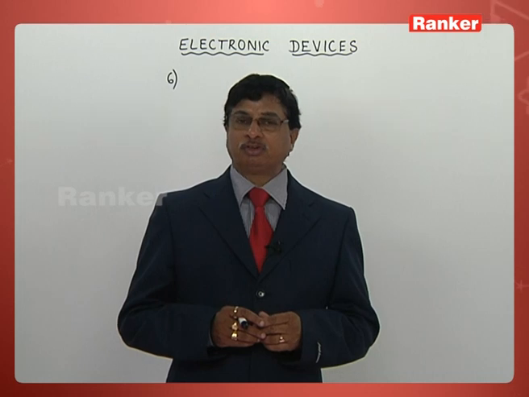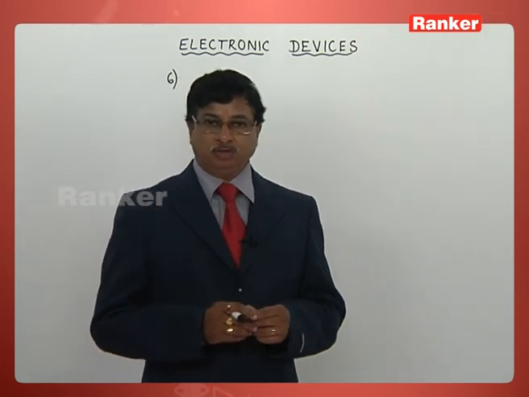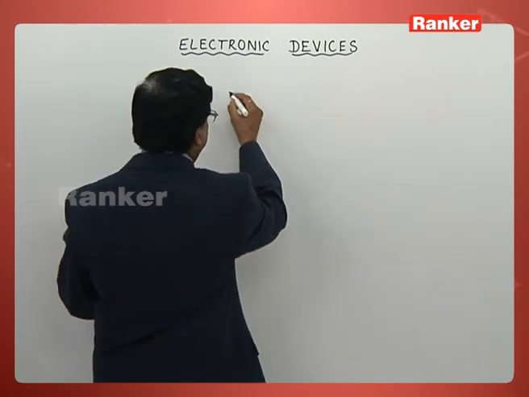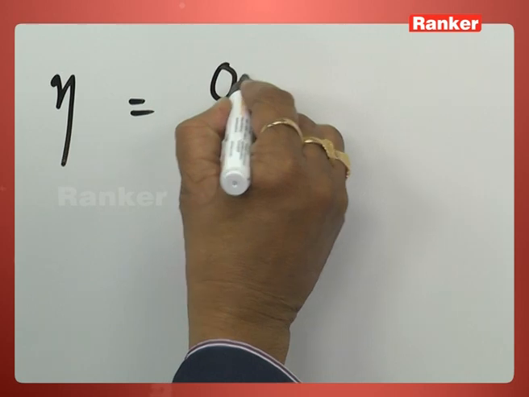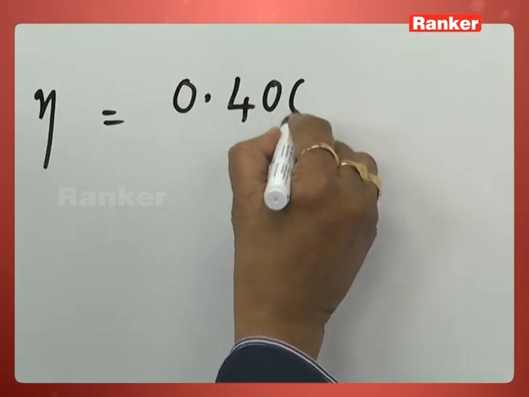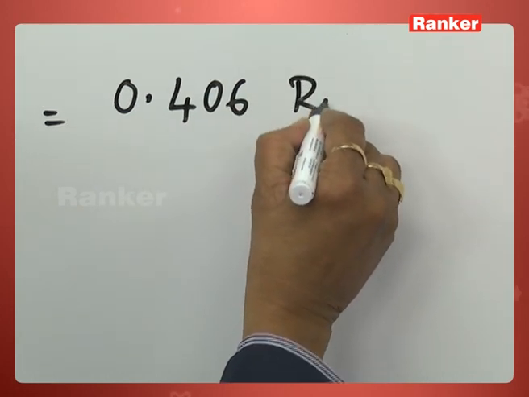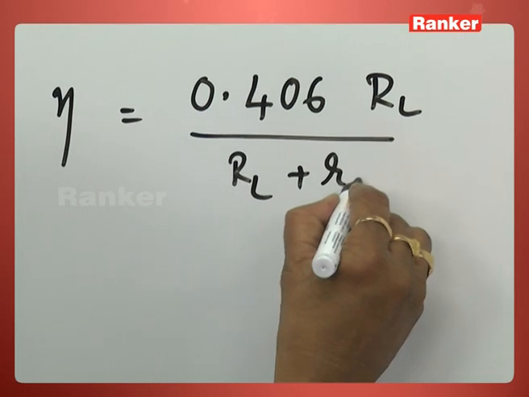One should understand first of all what we mean by efficiency. Efficiency we write generally as eta. For a half wave rectifier, it is 0.406 RL by RL plus RF.